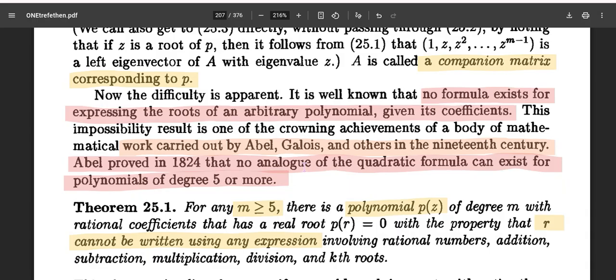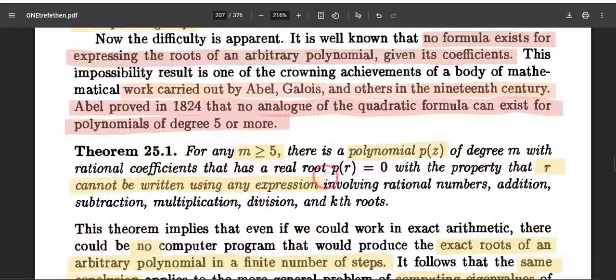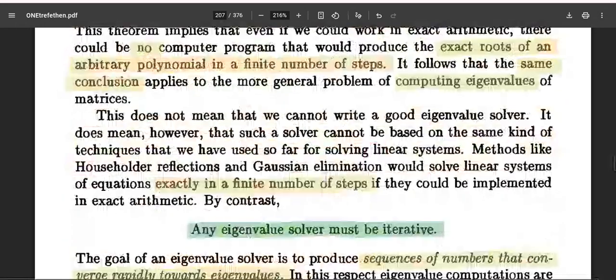In earlier lectures you saw that for dense matrices and linear systems of equations there is a fixed finite number of steps, which means there is a direct method to compute the solutions. But for the eigenvalue problem, even though the matrices are dense, there is no finite number of steps to compute the eigenvalues because of this main difficulty.